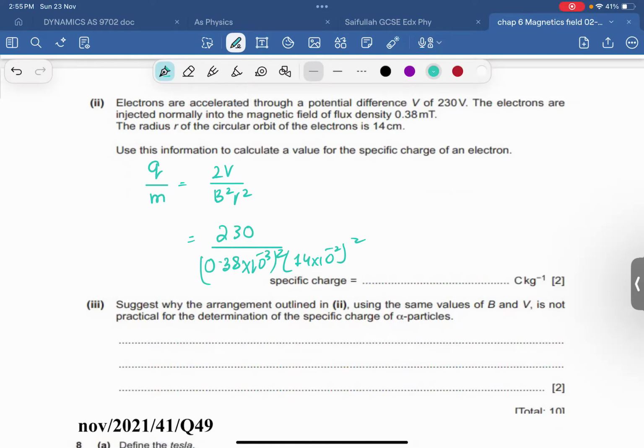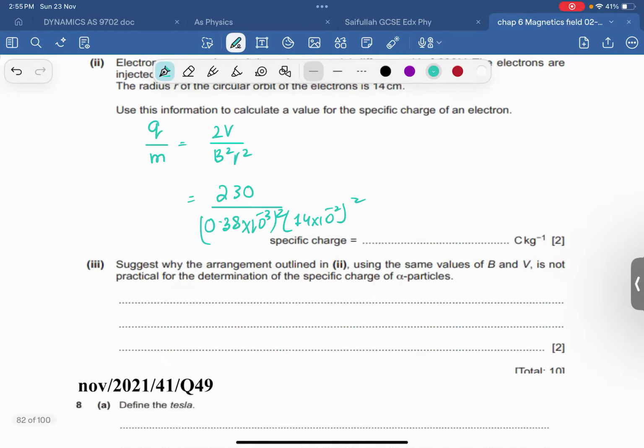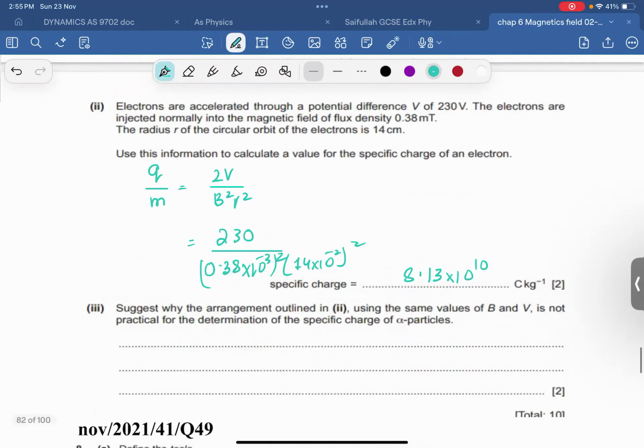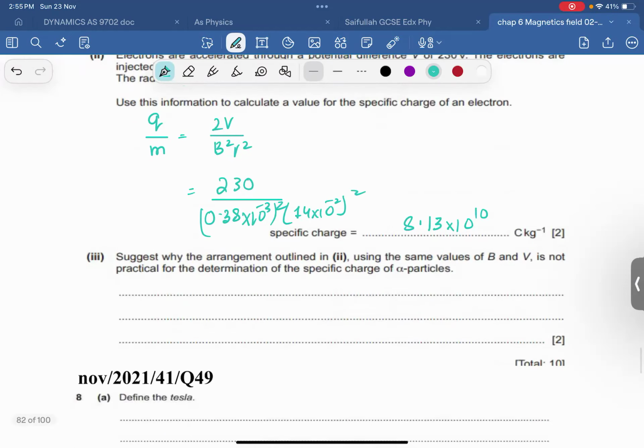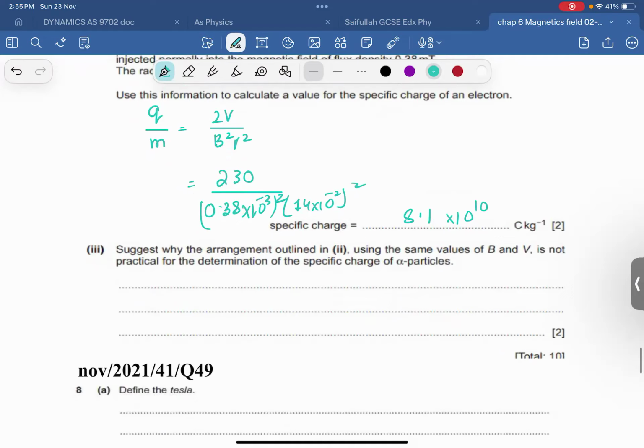So you'll get 8.1313 exponent 10. Since most of the things are in 2 SF, 8.1 would be a good option. So this is the answer.